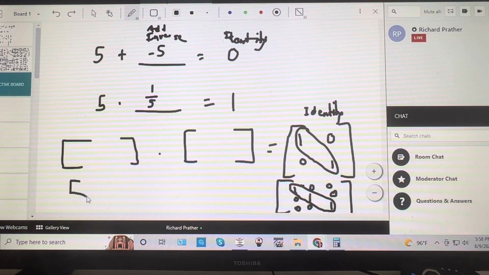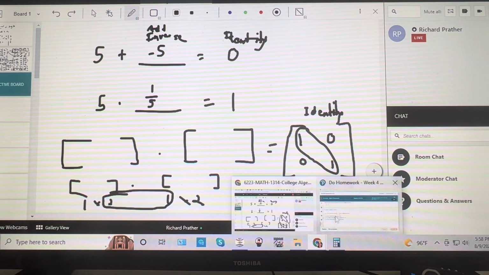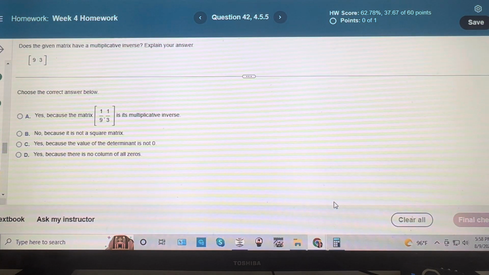And if you do a 1 by 2 times a 1 by 2, that's not even possible to multiply, because the inside dimensions have to match. So for sure the answer is not A. A 1 by 2 could never have another 1 by 2 as its multiplicative inverse.